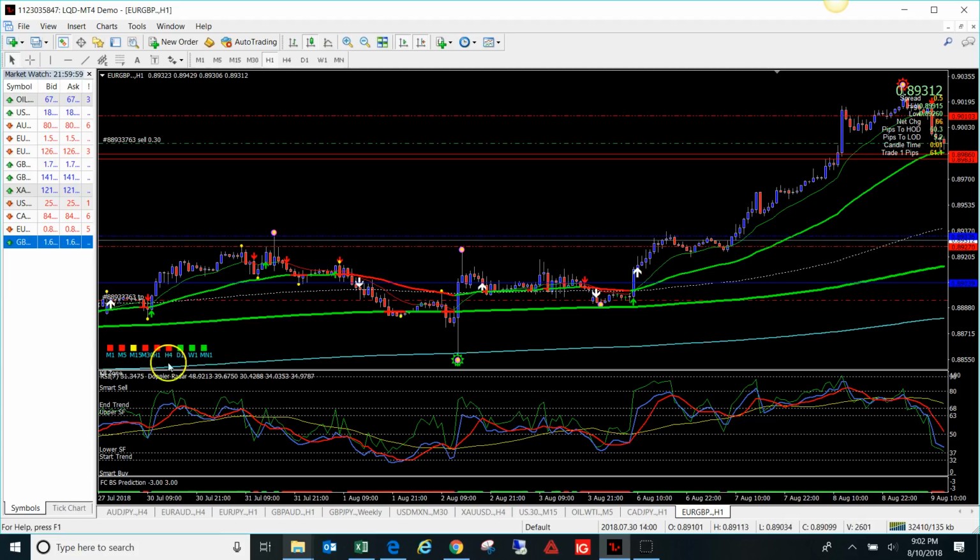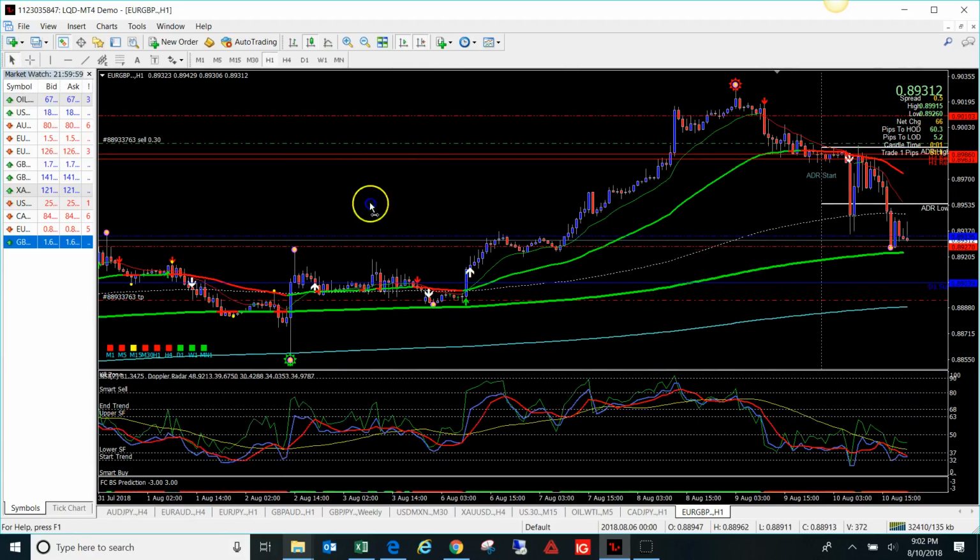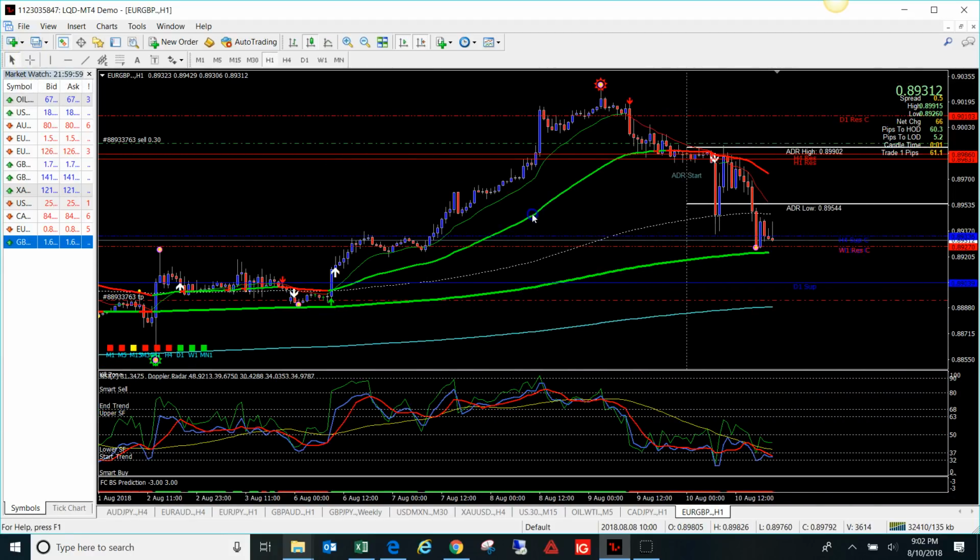When you can find those setups, you've just increased your chances of having a more successful trade. And then for the last confirmation, you have the FC buy sell prediction. This is probably the least important, but still, if you want that last confirmation, it's pretty good and it's pretty accurate.